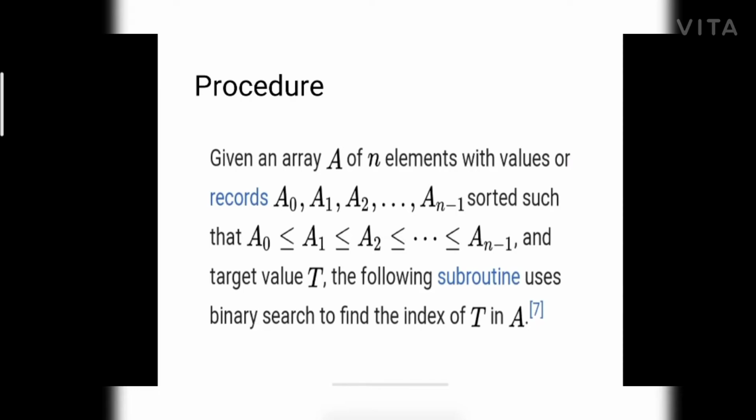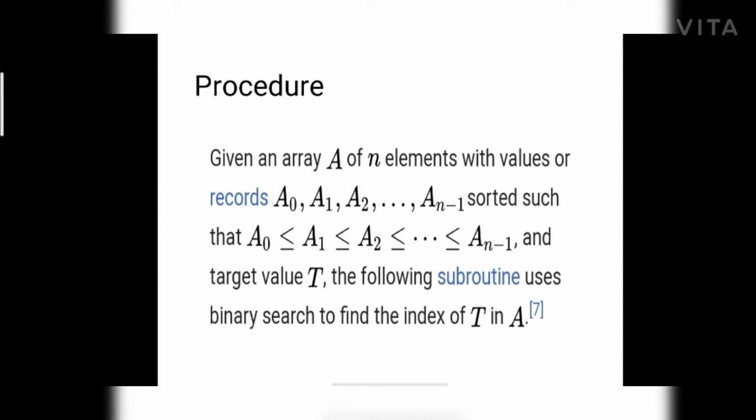If we are given an array of n elements with values or records a0, a1, a2 and so on up to a(n-1), sorted such that a0 <= a1 <= a2 <= ... <= a(n-1).